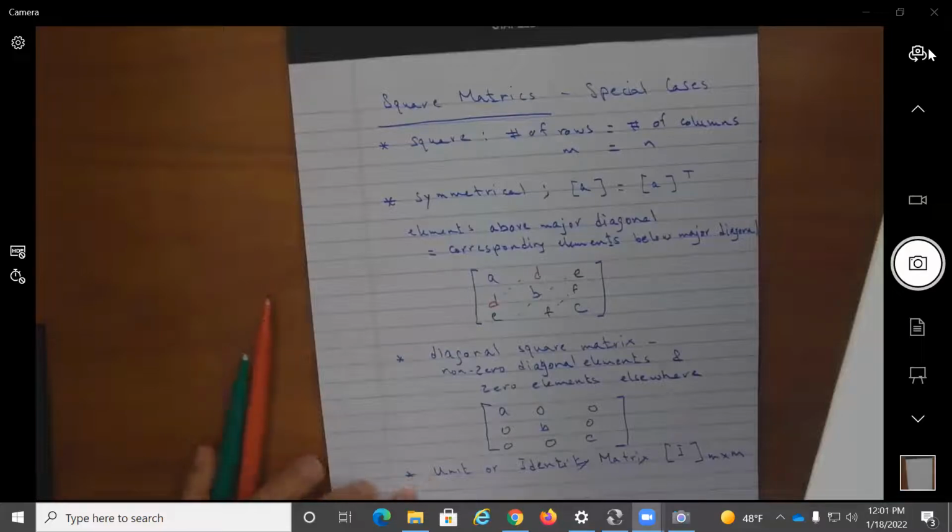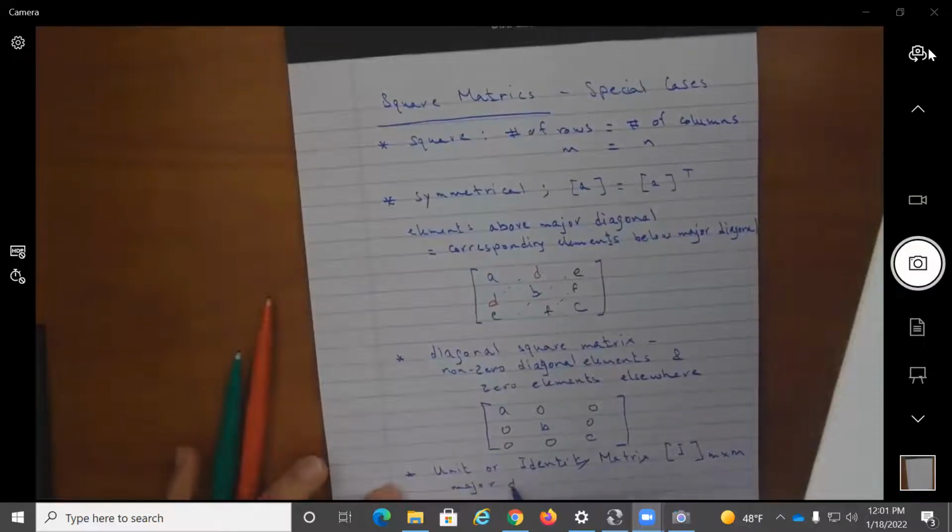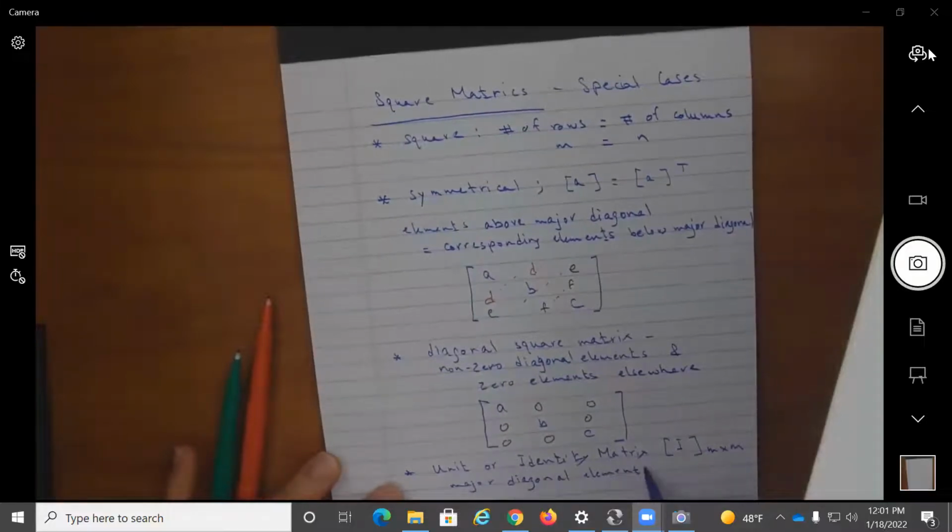A unit or identity matrix has the major diagonal elements all ones, and all other elements are zero.